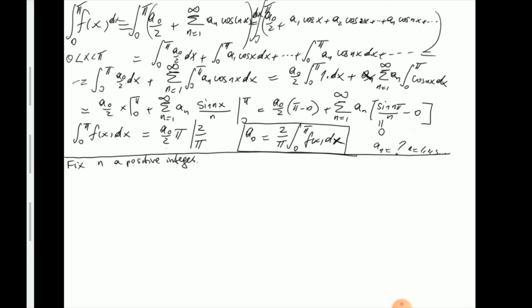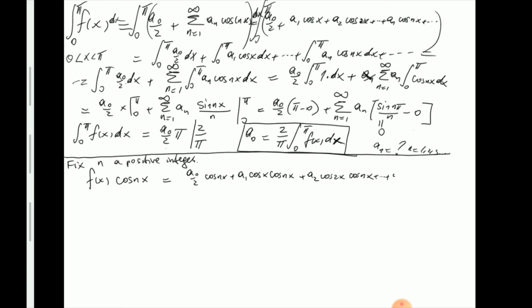And we're going to multiply both sides of the original equality by cosine of nx. So basically the right hand side now becomes a naught over 2 cosine of nx, plus a1 cosine x cosine of nx. The second one is a2 cosine of 2x cosine of nx. All of them are multiplied by cosine of nx.